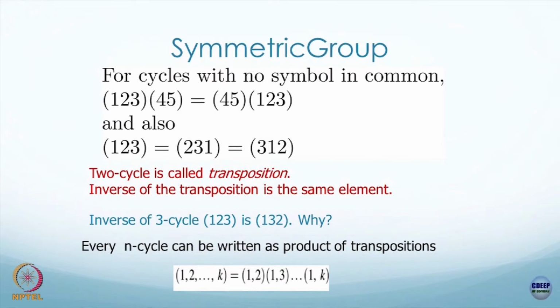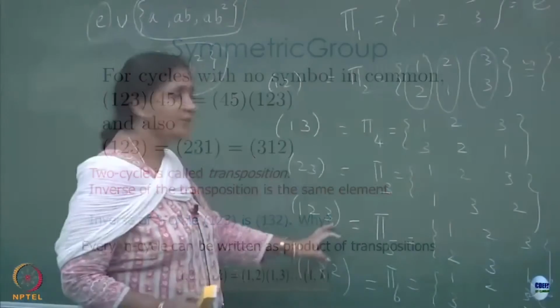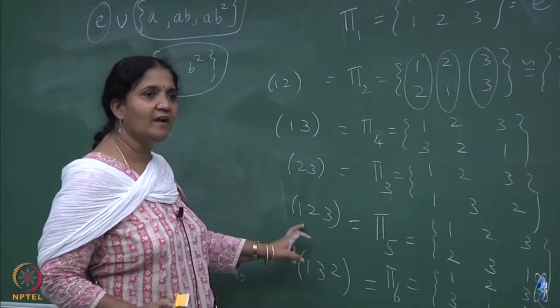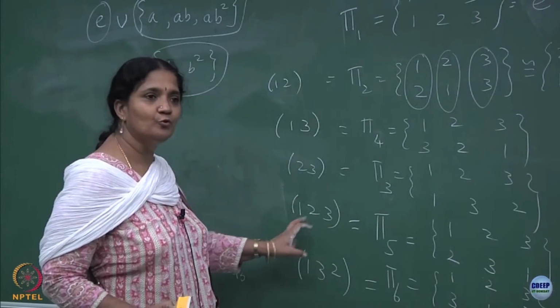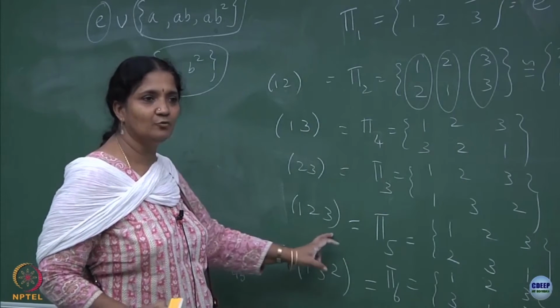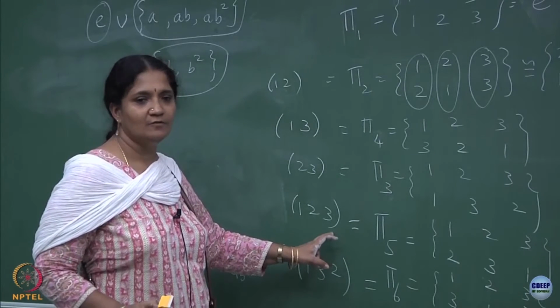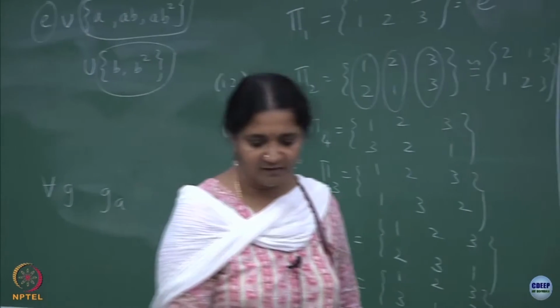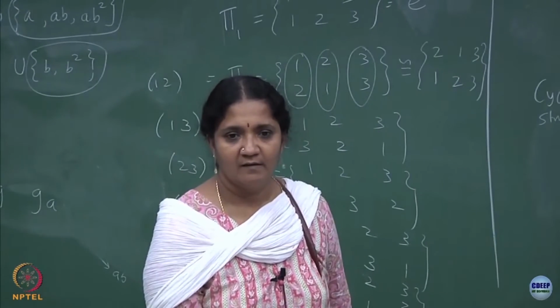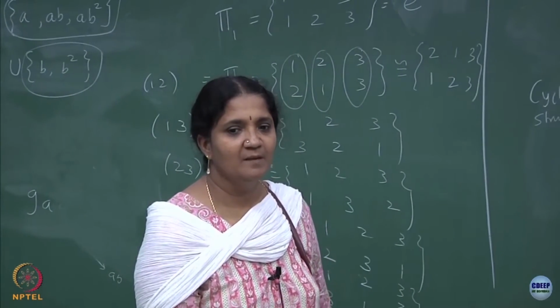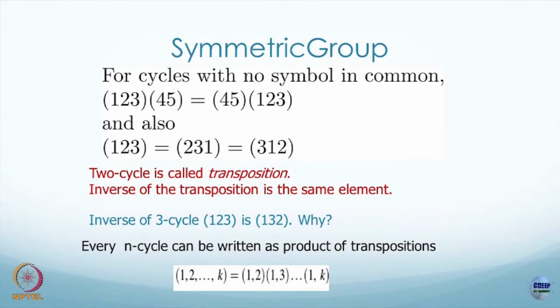This is what I show here, and also when you write (1 2 3), the starting point does not matter. It could have been 2, 3, 1, which is the same as 1, 2, 3. I have said in the slide here that (1 2 3) is the same as (2 3 1), which is the same as (3 1 2); it really does not matter.